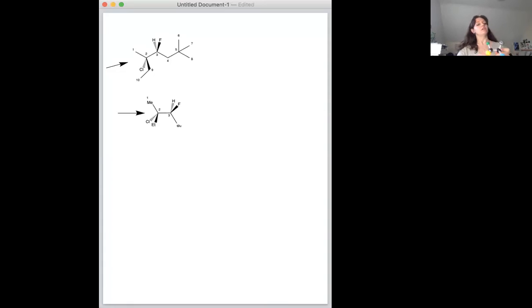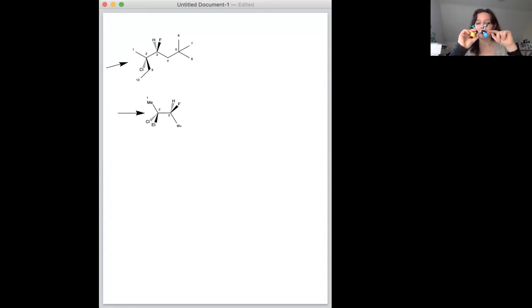Great. So now I'm going to have carbon 2 here, carbon 3 here. And so going back to my example molecule, if I have carbon 2 here, and we're looking at this from the side, so we're looking at the side of the carbon 2, carbon 3 bond, I have methyl sticking straight up on carbon 1.